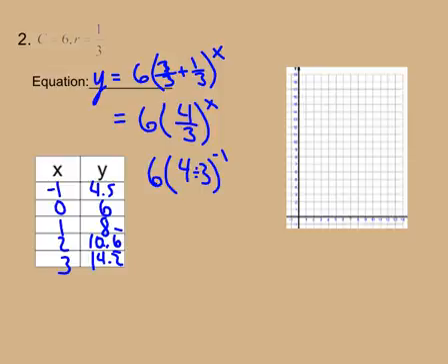So, coming over here, negative 1, 4.5. 0, 6, good. 1, 8. 2, 10.6. 3, 14.2. Look at this, another growth equation. Notice it's going up, kind of like our parabola. It's opening up. It is getting bigger, and it is a growth problem.